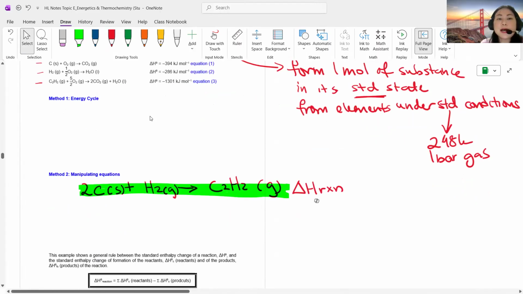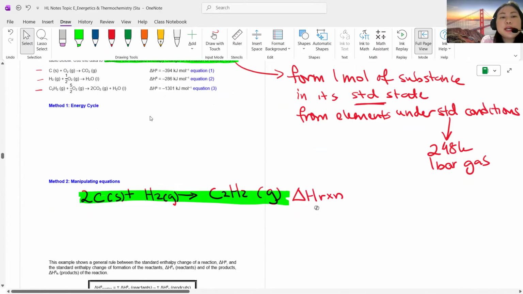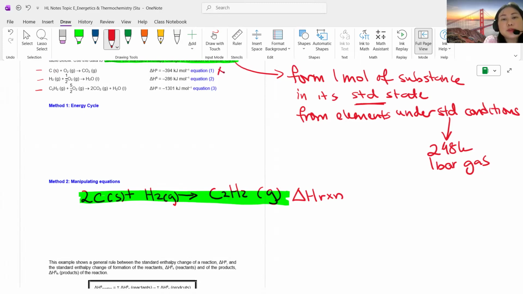Okay, so again, now back to the 3 equations. So we check carbon, carbon, same element. But this is 2 moles. This one, same side, same on the reactant side, but 1 mole. So what should I do to equation 1? So I take equation 1 times 2. So I get 2, 2, 2, and times 2.